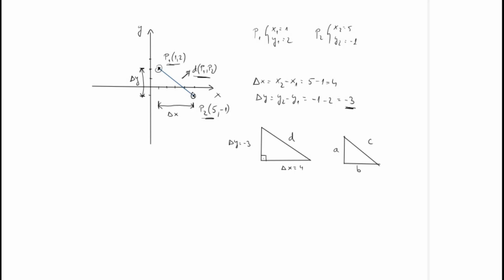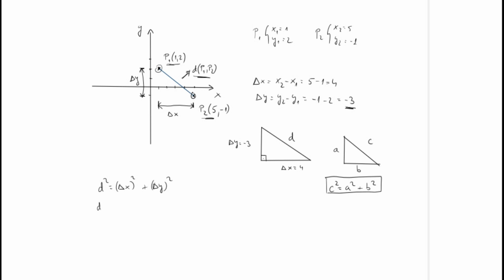So the Pythagorean theorem says that c squared will always be equal to a squared plus b squared. Okay, so in our case d squared will be equal to delta x squared plus delta y squared.